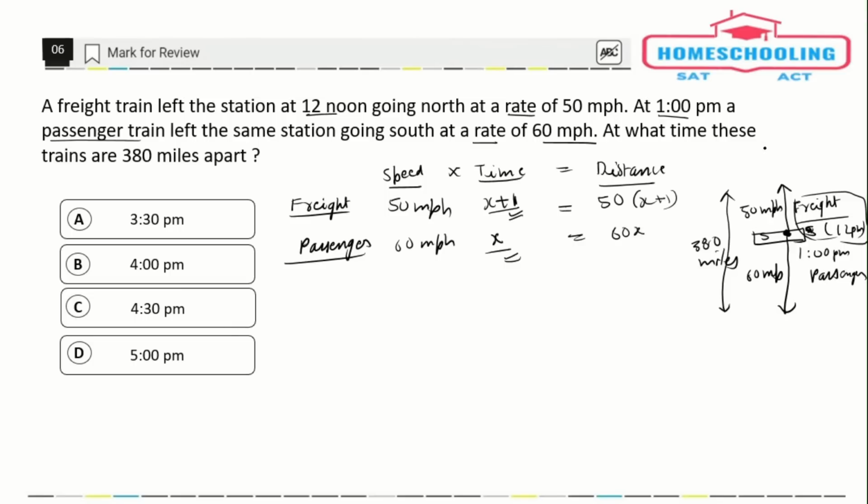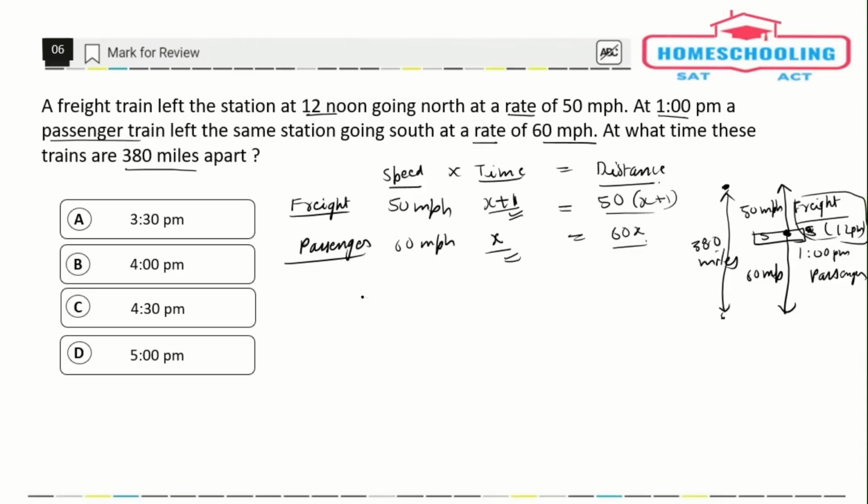In the question it is said that they are 380 miles apart. So the distance traveled by both of them together is 380 miles. We don't know for how long they have traveled, this x we don't know. If we sum both distances, they will be 380 miles apart.